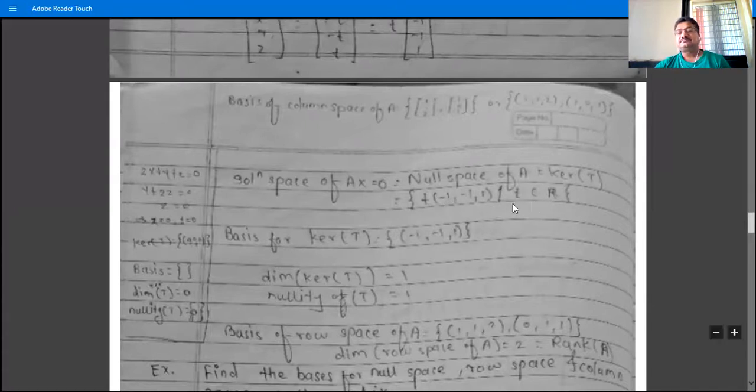Take t as 1: (-1, -1, 1) is an element of kernel of T. If you take t as 1/2, then (-1/2, -1/2, 1/2) is also an element of kernel of T. If we take t as -2, then (2, 2, -2) is an element of kernel of T. So the kernel of T contains infinitely many elements.